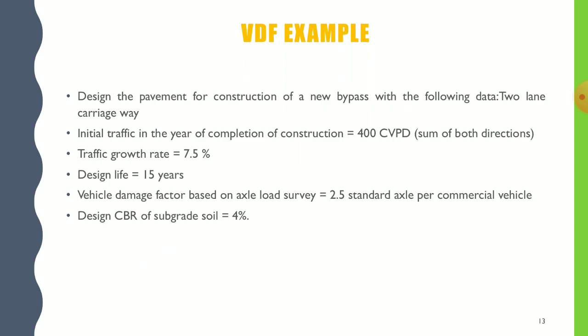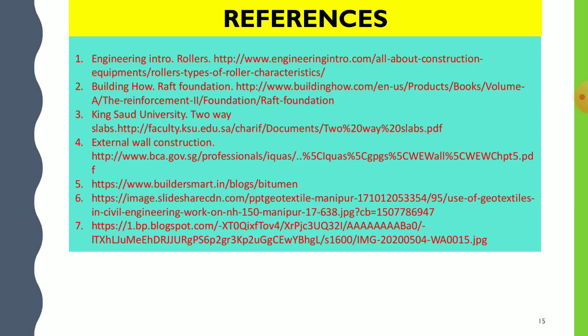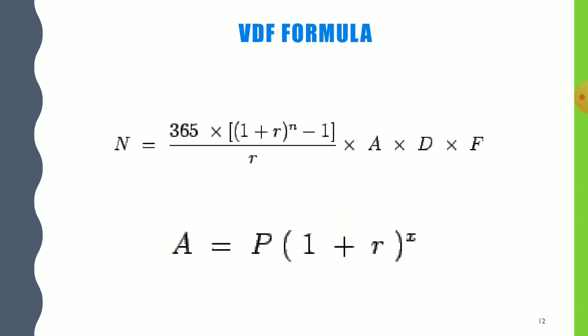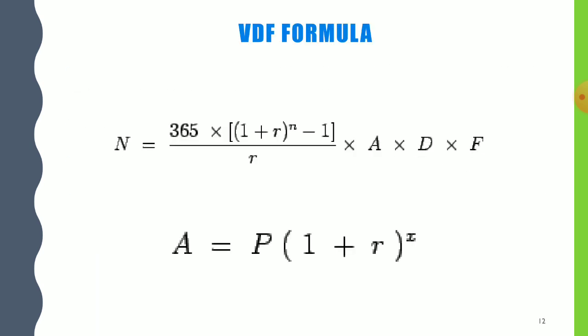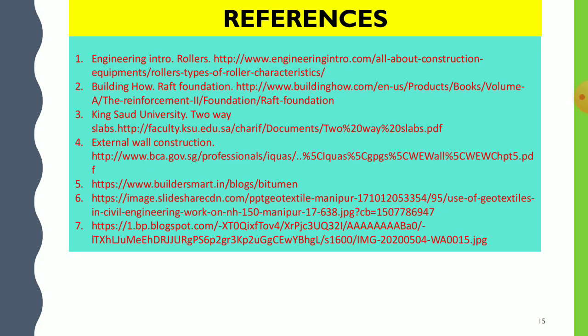The VDF actually helps in the design of the pavement. These are the references which I have taken for all this. So the distribution factor is completed, ESWL is completed, and factors affecting pavement design are also completed.